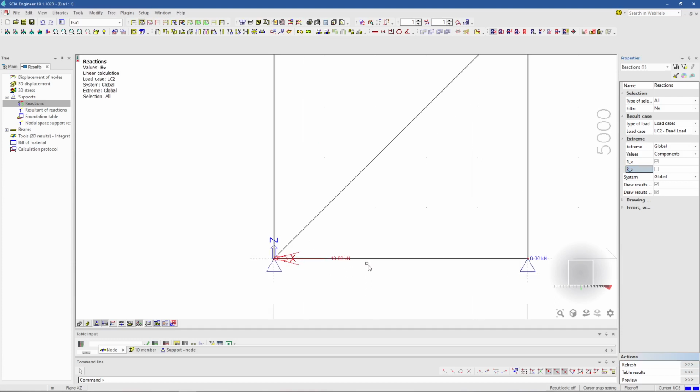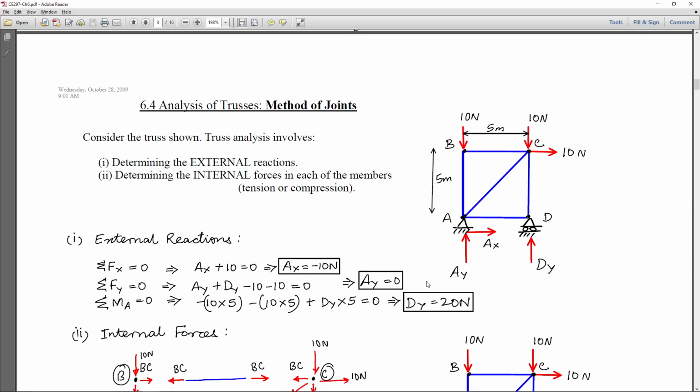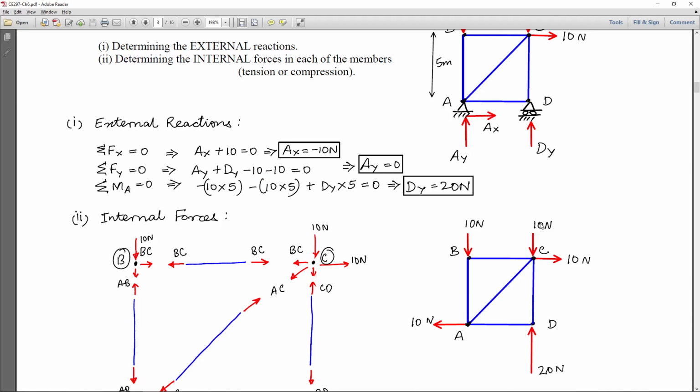As you can see, we only have acting in the negative direction to cancel out this, which you can check: -10.